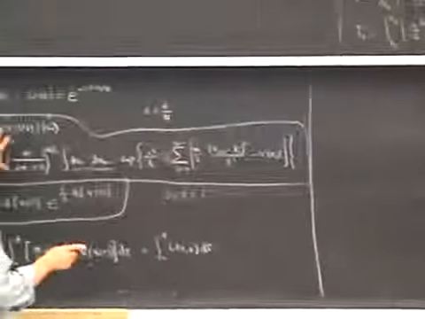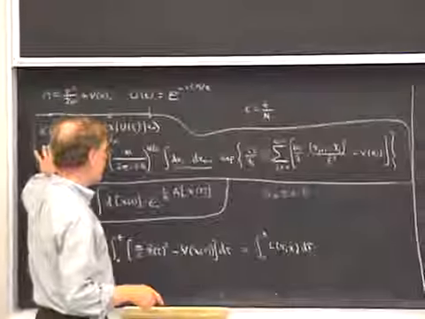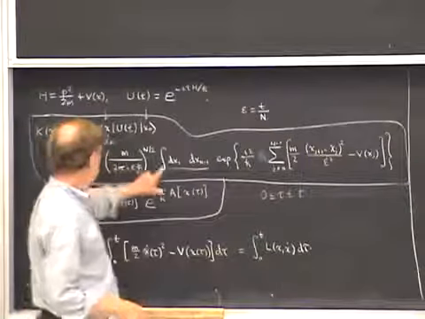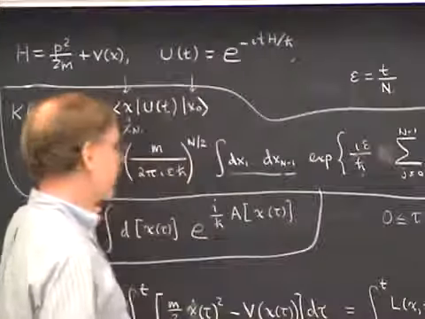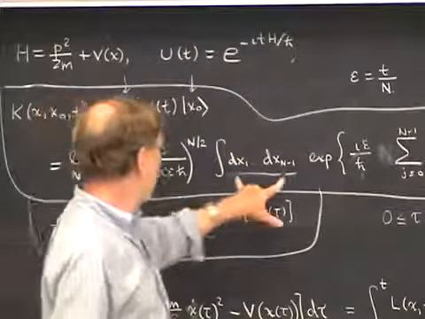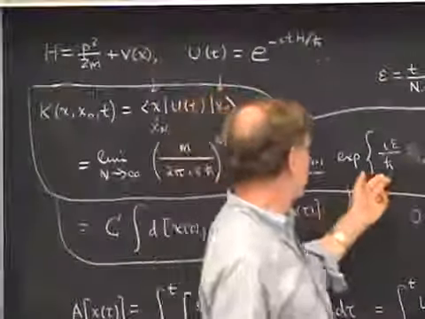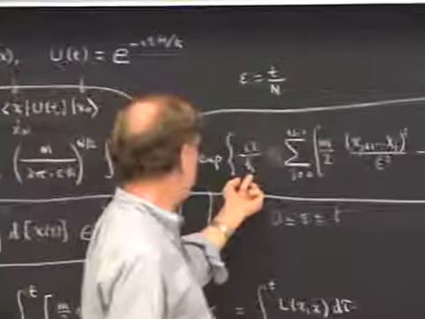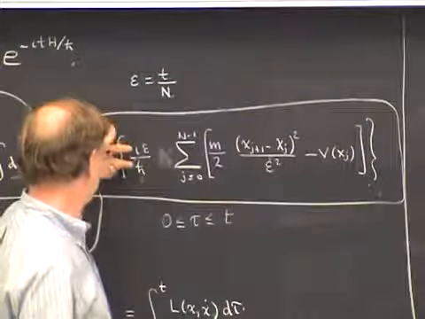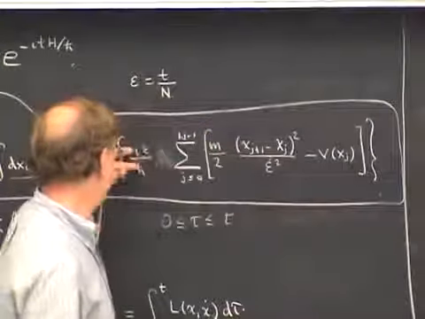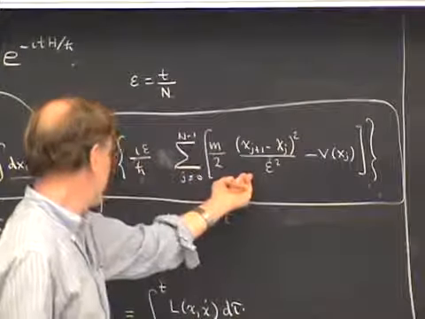I'm going to take a mental picture of this discretized version of the path integral. As you see, it's a capital N minus 1 dimensional integral where we're going to let n go to infinity. The phase, if I identify the h bar here with the kappa that I was using before, is everything in here except the i over h bar, so it's epsilon times that sum.